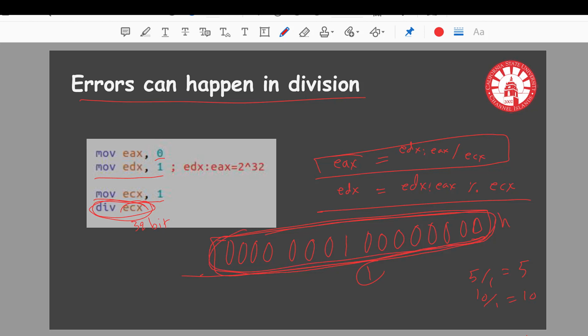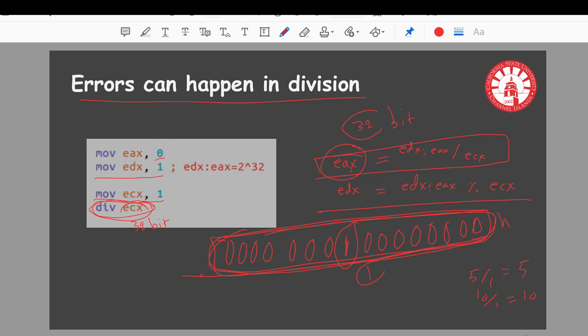But the quotient is going to go to the EAX register, right? But the EAX register is 32 bits, and the result here is 33 bits. Therefore, the EAX register is going to have 0 value.